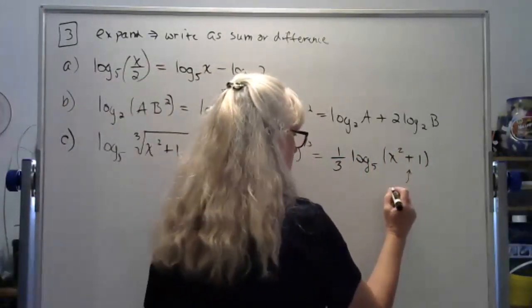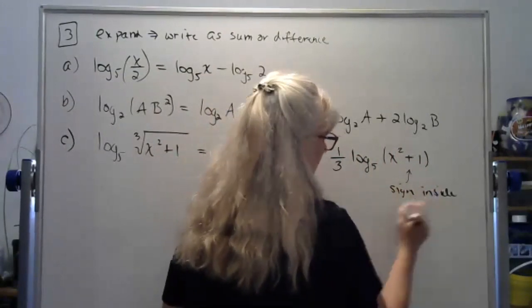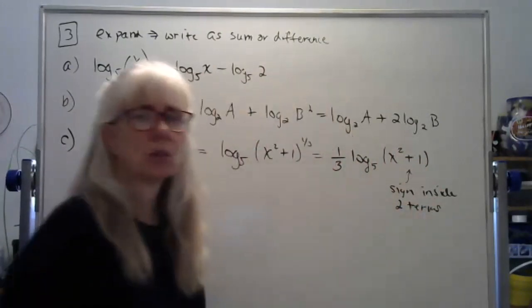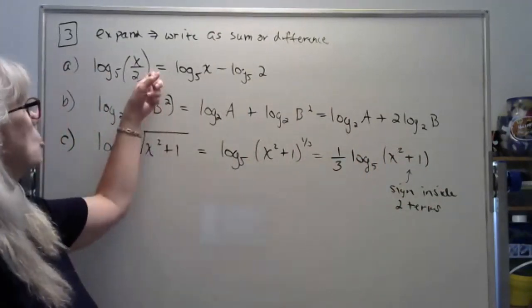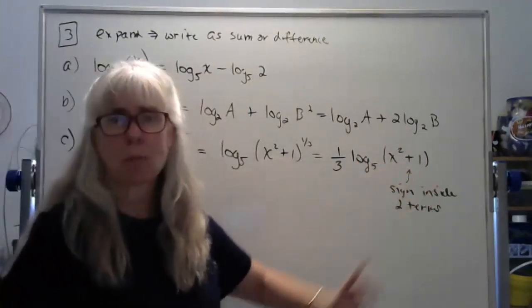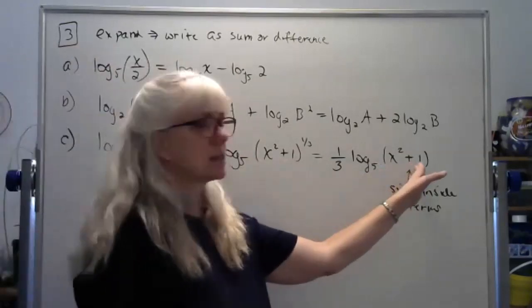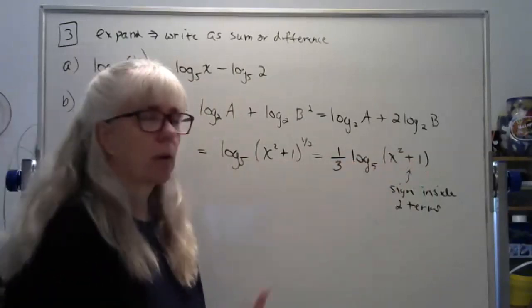So because this is a sign on the inside, I have two terms. And I have no property that lets me do anything with multiple terms on the inside. I can do products, I can do quotients, but I can't do pluses or minuses on the inside unless I could factor it. So if this had been a -1, I could factor it and go from there, but it's not. So that's not factorable, I'm done.